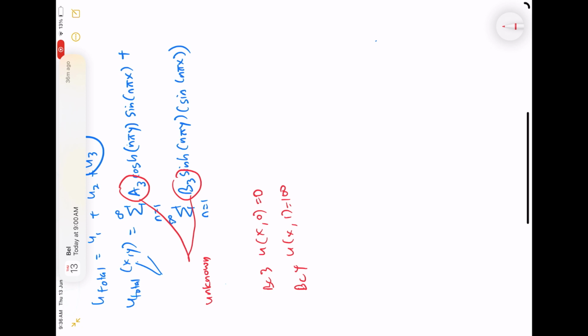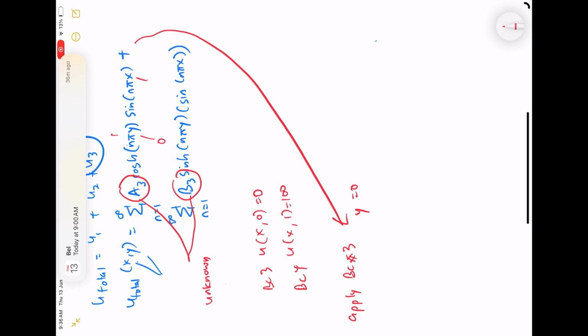Okay, now we apply boundary condition number 3. So when we apply boundary condition number 3 to this, we need to replace our y with 0. When y is equal to 0, this one no problem. This one, cos 0 is equal to 1. This one, sin 0 is equal to 0. So this one already becomes 0, only this part remains.